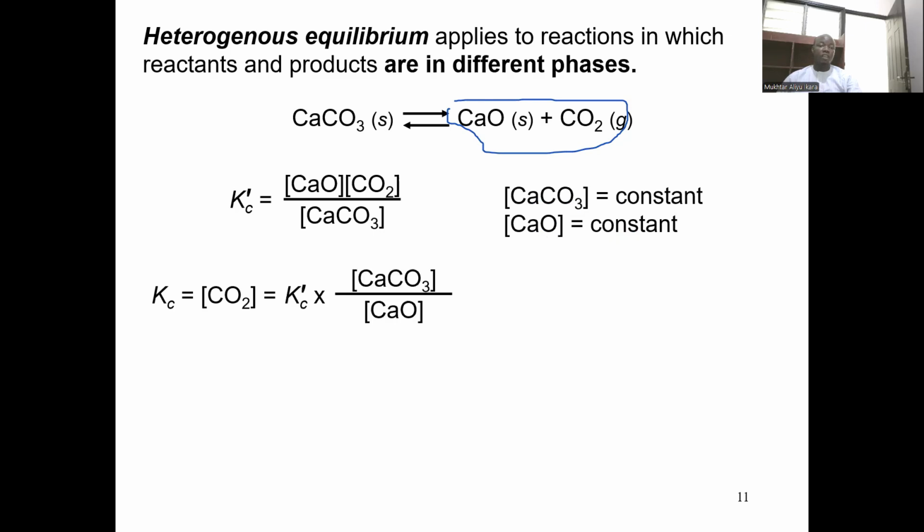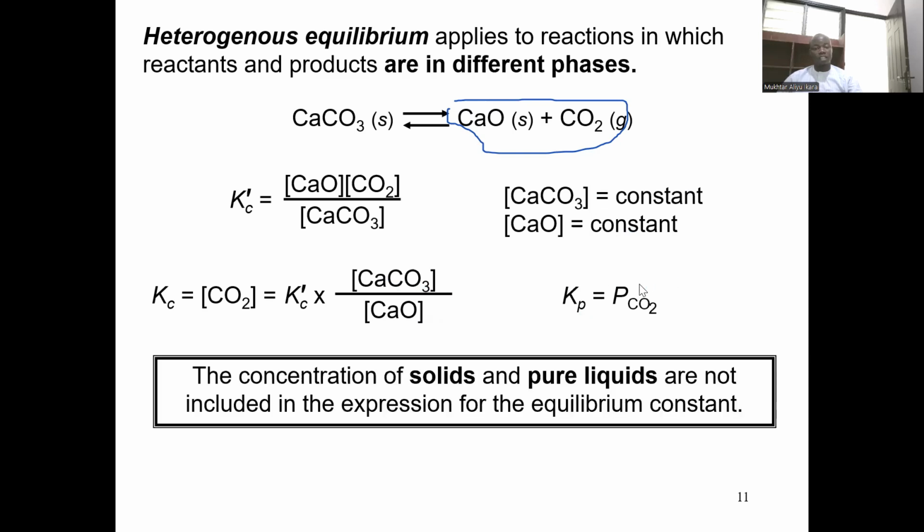So the Kc will now be Kc prime times the calcium oxide concentration, divided by the calcium carbonate concentration. They are constant, so we are going to neglect that. And of course, for the Kp, it's just the equilibrium pressure of carbon dioxide.